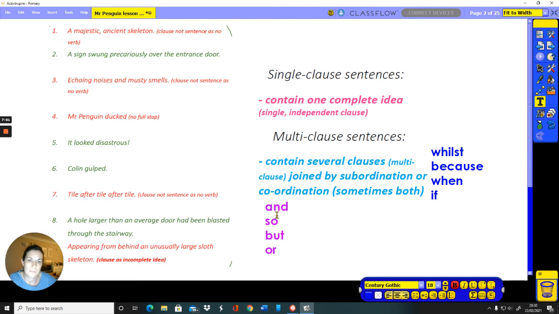Okay, so what I've done is I've put on the screen now the subordinating conjunctions. It's not all of them. There are some more. Ones we use quite a lot are whilst, because, when, or if, and then coordinating conjunctions, linking two ideas together: and, so, but, or, and there are others as well.